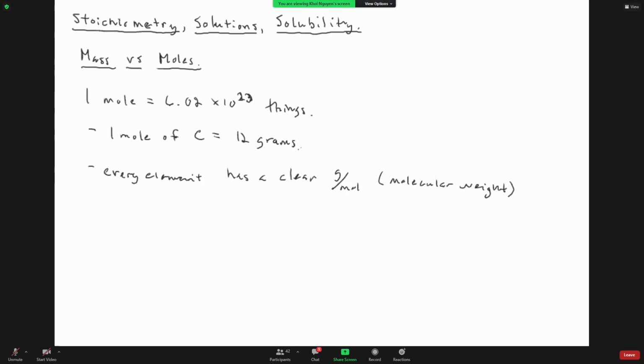Okay. The next thing that we need to know is the molar volume of a gas. Molar volume of an ideal gas is 22.4 liters per mole.